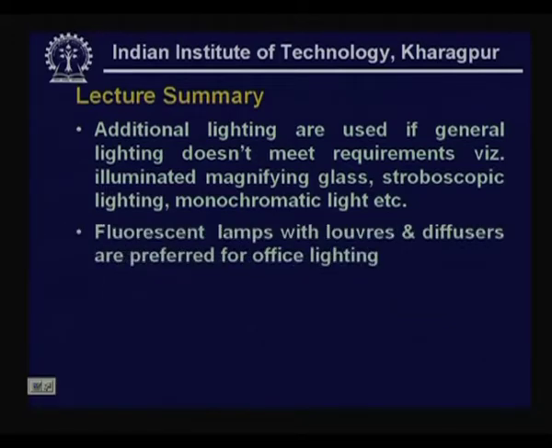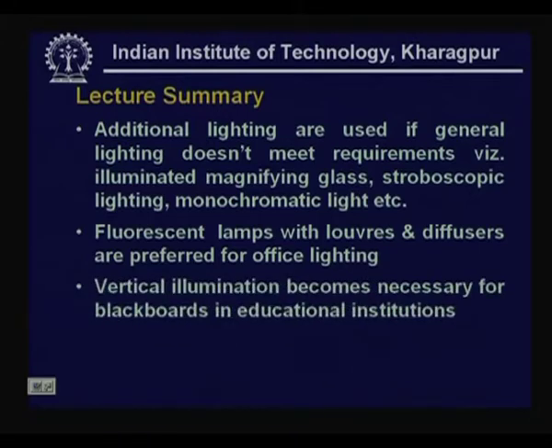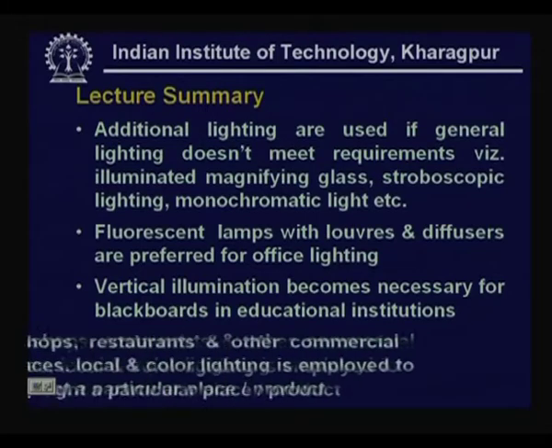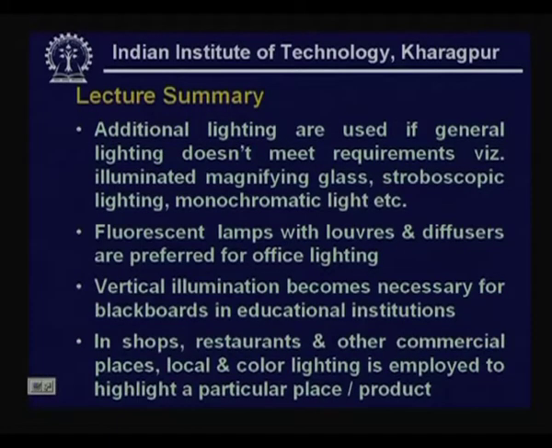Fluorescent lamps with louvers and diffusers are preferred for office lighting, and vertical illumination is very important in auditoria and educational institutions on the chalkboards or blackboards. In shops and restaurants and commercial places, local and color lighting is employed to highlight a product or a place.